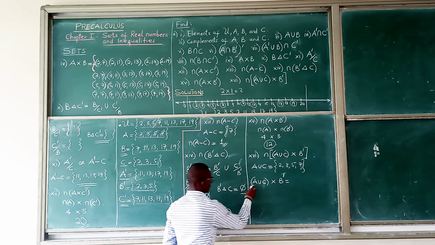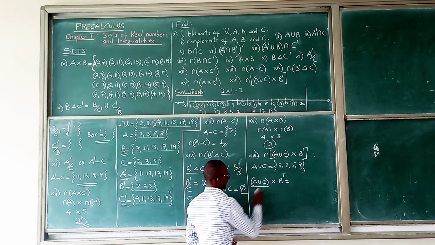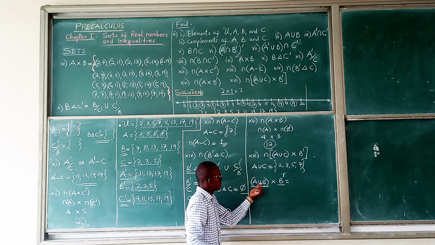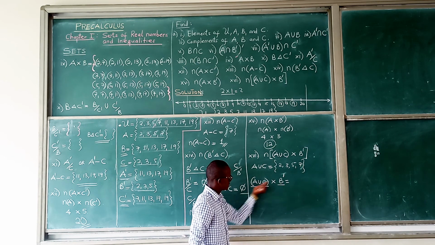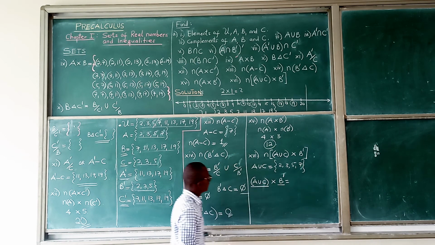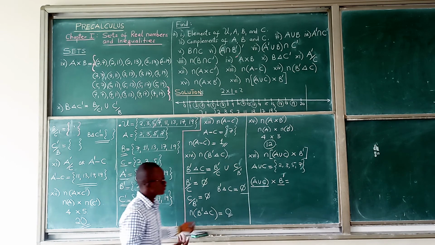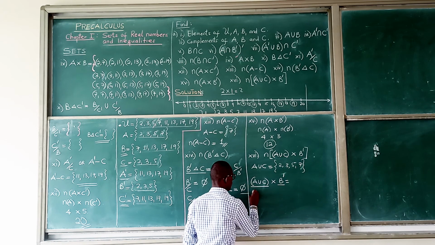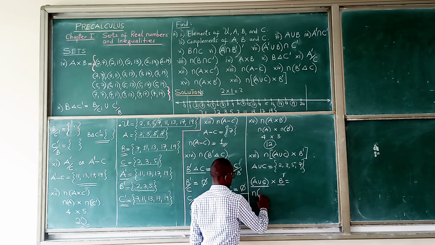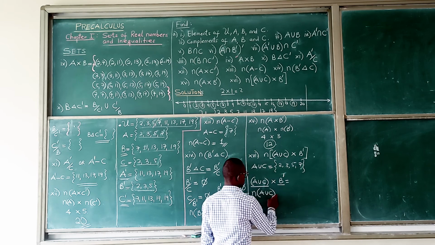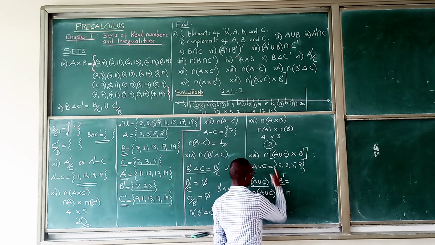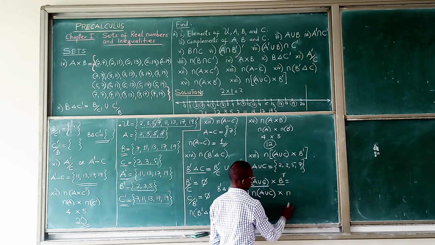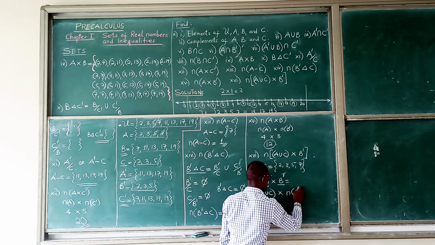We consider one as one set and this as another set. Remember we told you if you are finding the cross product of two sets, since we're asked to find the number, we don't have to go further. We just say the number of A union C times the number of B prime; just distribute them.